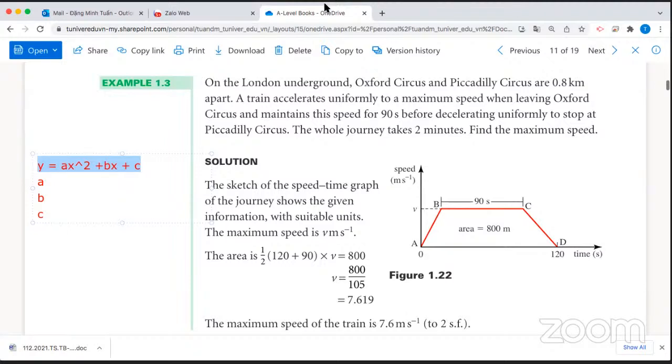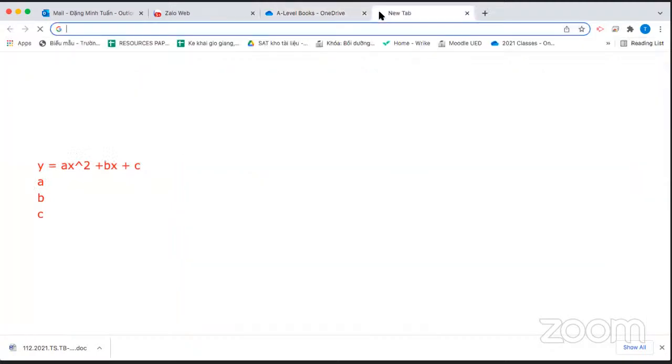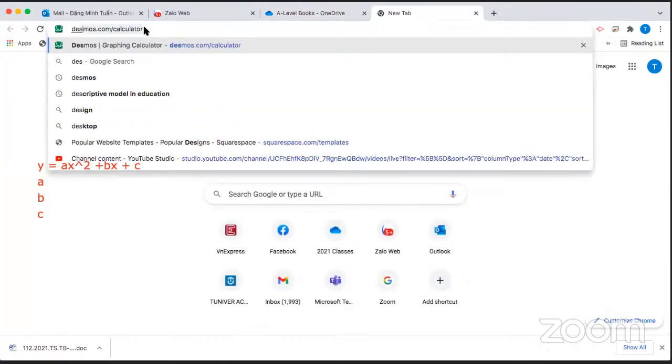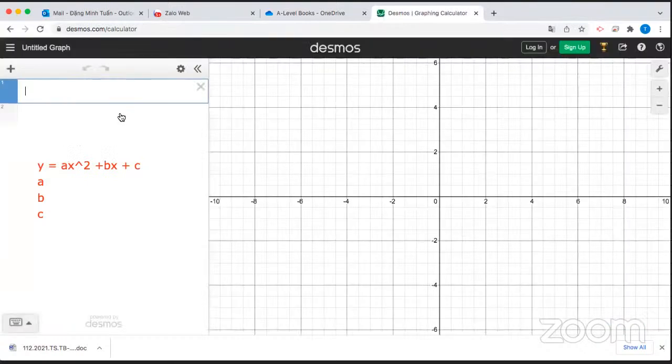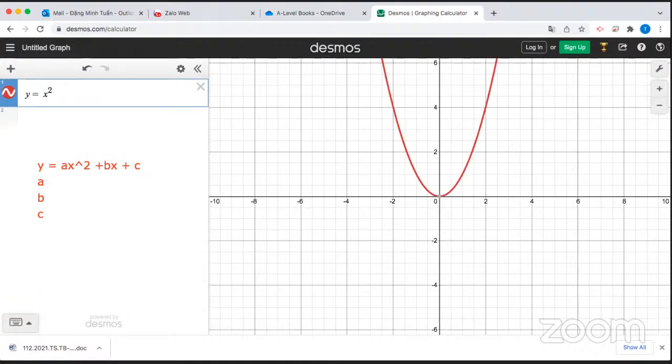Furthermore, if you want to understand more about the parabola graph, you can use dash mode to understand it well. Look at this one. y equals x squared. You see the graph. Yeah. And then y equals 2x.